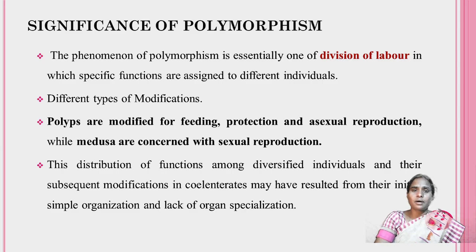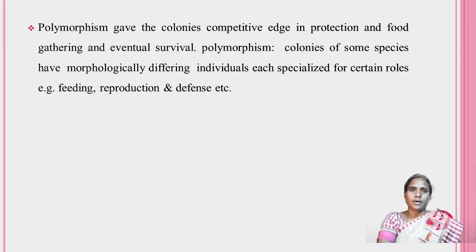The distribution of functions among diversified individuals and their subsequent modifications in Coelenterata may have resulted from their initial simple organization and lack of organ specialization. Due to poor organ specialization, a single individual is modified into zooids, and these modified zooids perform various functions depending upon the requirement.